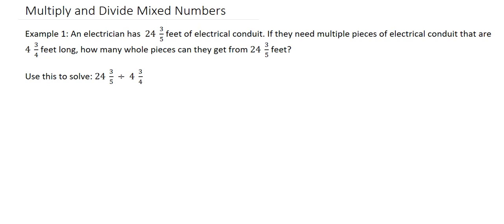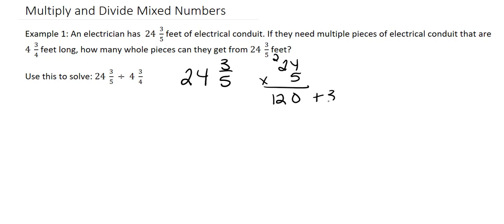Now our first step will change these mixed numbers to improper fractions. So let's go ahead and do that. So we have 24 and 3/5. Well, what's 24 times 5? 4 times 5 is 20, 10, and then add the 2, so 12. And then we add the 3, so that's 123.